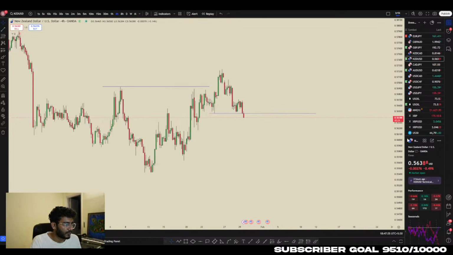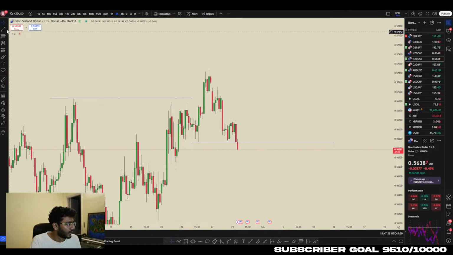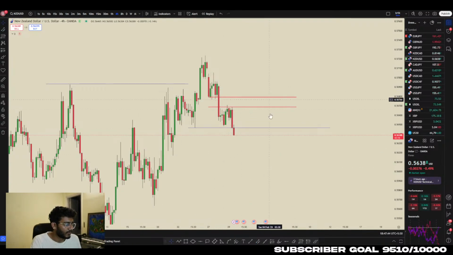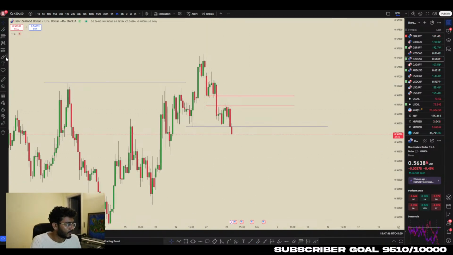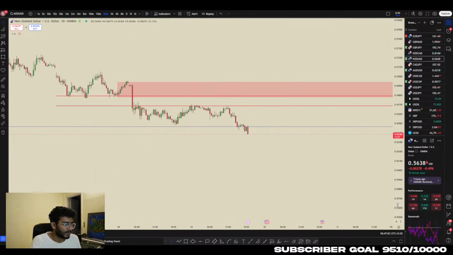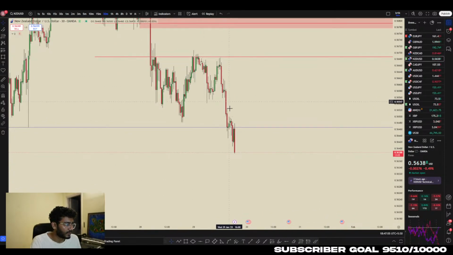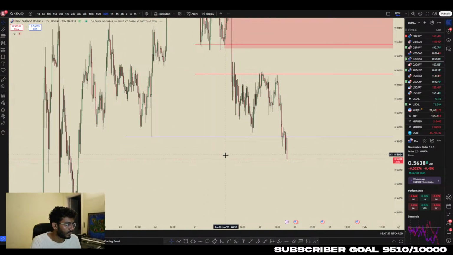So price is going to the downside, and this is the new imbalance price has created. Right now, I don't think price will fulfill this imbalance, but it can. We have this sell side entry, but right now, price is continuing to the downside. So let's try to look for an entry in this area.